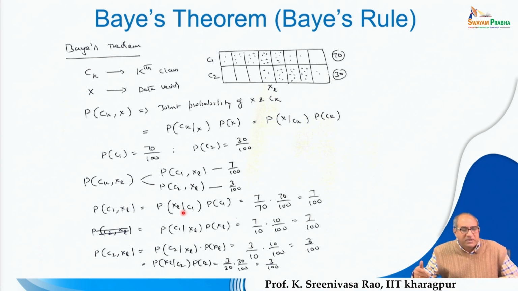Next, after discussing function approximation, we now come to the last point, that is Bayes theorem. The Bayes theorem is a probabilistic framework with which we can perform classification in an automatic way. How can we perform it?